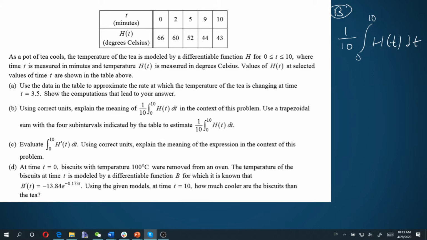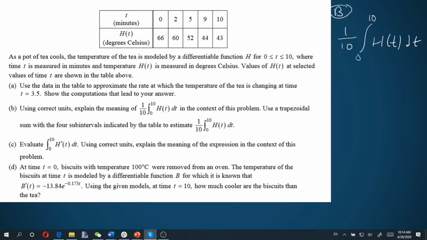Alright, so Junho, I'm going to stick to you then. I've got 1 over 10 times my integral from 0 to 10. What will it mean? Mean.